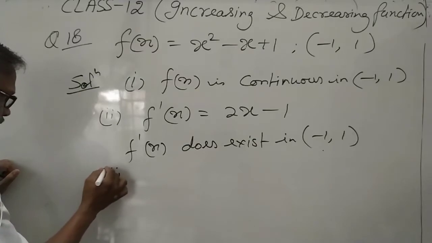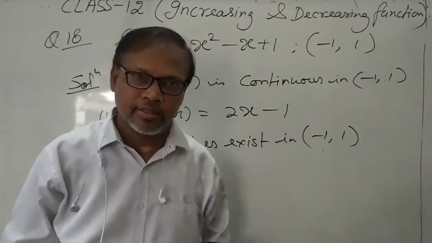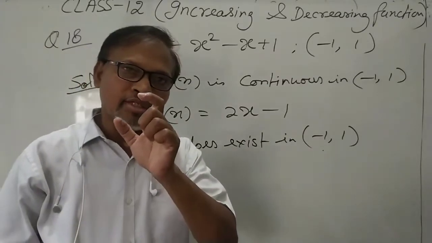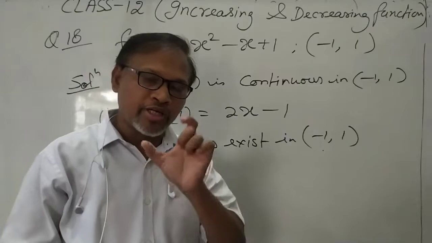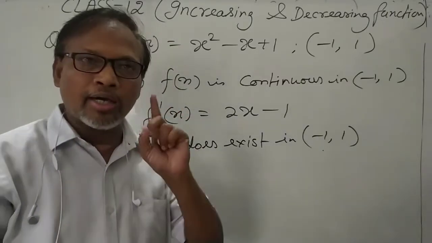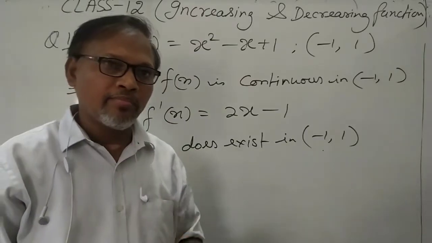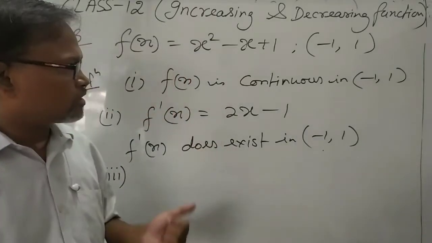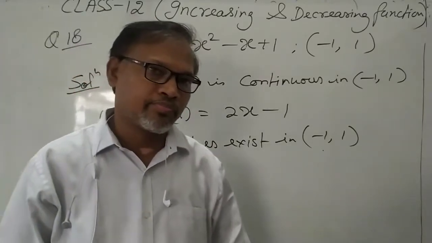Then the third part, you have to show whether it is decreasing or increasing, meaning whether it is definitely less than 0 or definitely greater than 0. In other words, 2x minus 1, whether it is a positive number or negative number.